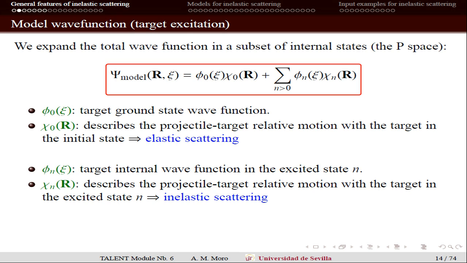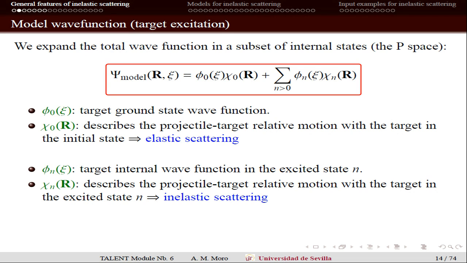So you see that this is the ground state and then some excited states. In the language that Filomena introduced the previous days, this is the P space. This is the part of the space, the model space, that we want to describe explicitly. So if this sum is restricted just to the ground state, our P space will correspond only to elastic scattering.